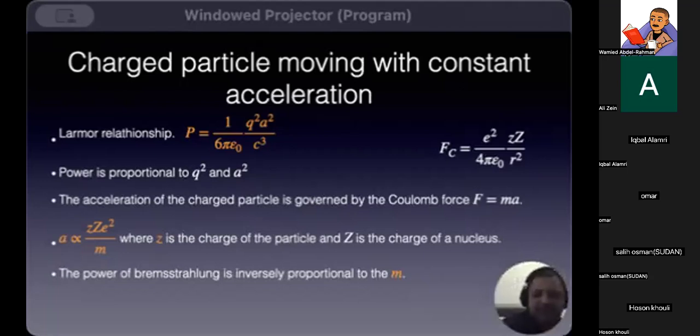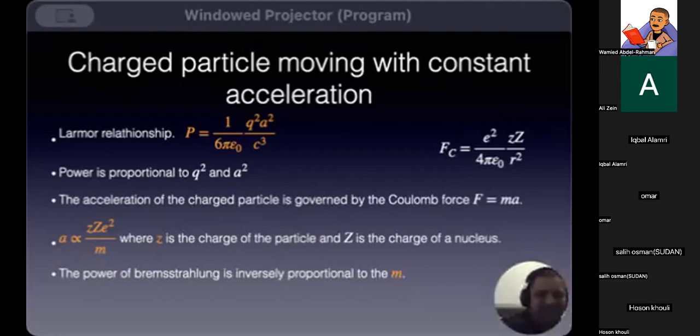Now, even if someone comes and says, okay, well, let's use an alpha particle. True, since we have a Z here, the charge is now double. We're increasing the acceleration because we have a Z. The problem we're going to face is that the mass is even worse for the alpha particle.